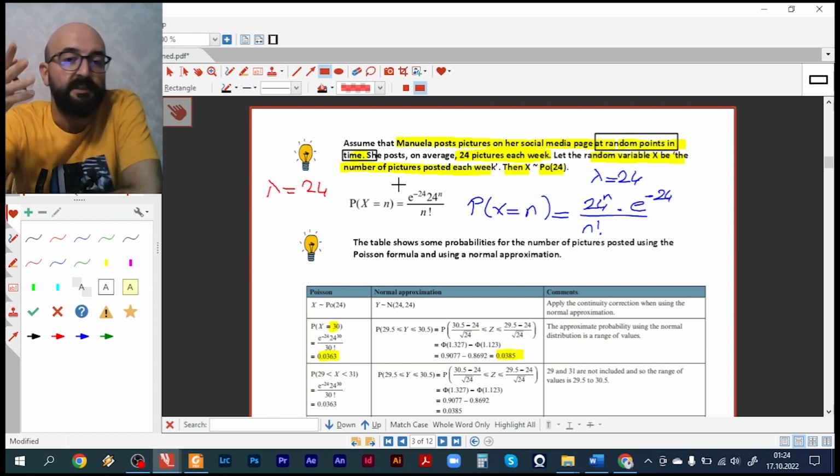When you see words such as random and independent in any question, you should think about the Poisson distribution.